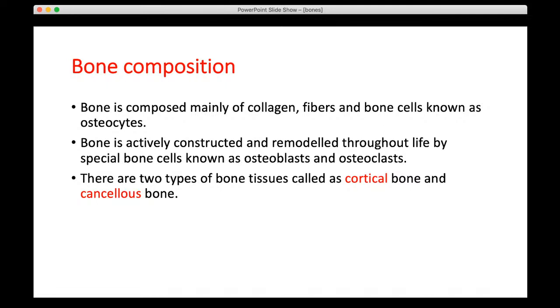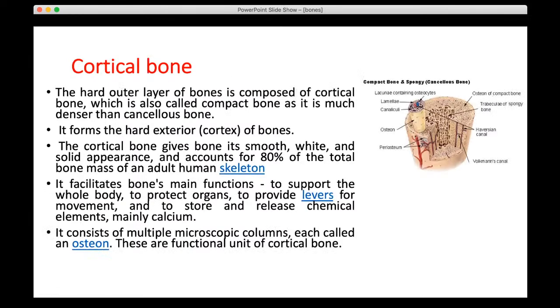Cancellous bone is also known as spongy bone. Now we will discuss these two main types. These are the main tissues of which your bones are composed. So let's switch to cortical bone first. I'm not going into deep details. I am just telling you the main points which you should know in biomechanics, which are useful in terms of physical principles.